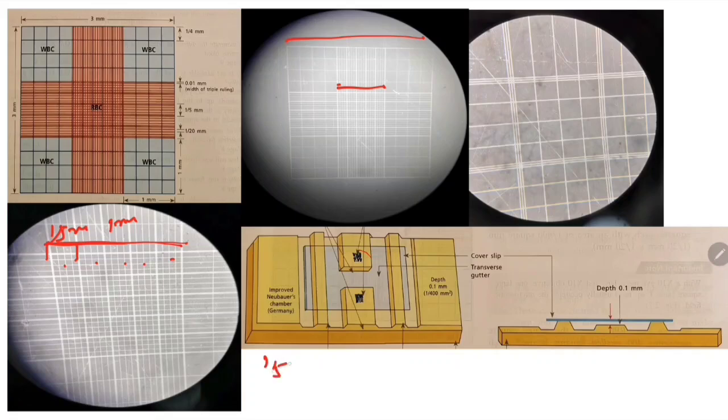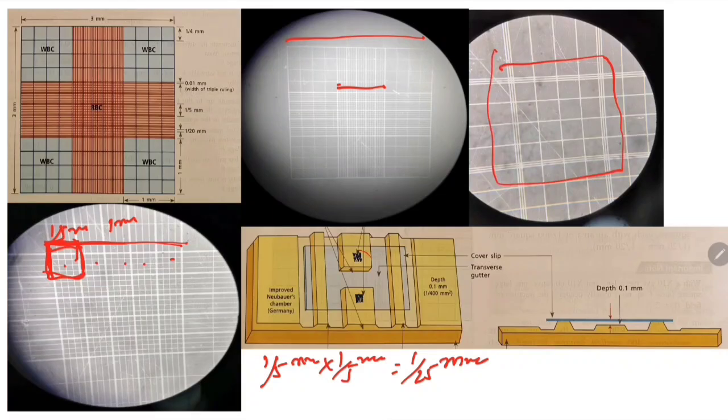So just write 1 by 5 millimeter. The breadth will also be the same, into 1 by 5 millimeter. So if we calculate this area, it is 1 by 25 millimeter. So the area of this one small box is 1 by 5 into 1 by 5, so 1 by 25 millimeter area.